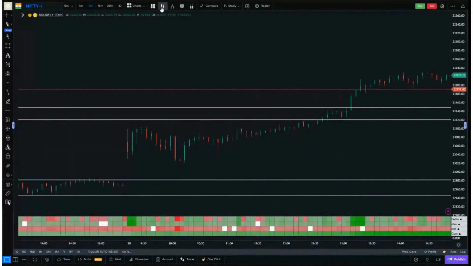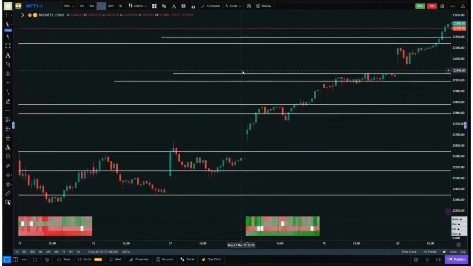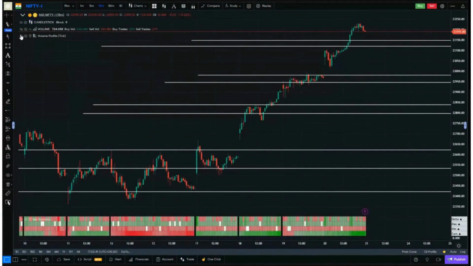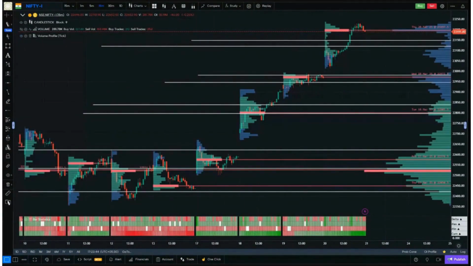But before that, let's look at the volume profile to see what levels we have from yesterday's sessions. S1 was the zone that was the resistance zone yesterday, and we simply marked it. On the upside, if it breaks above, this was the volume profile level from the past few sessions. Below this, it was the volume profile from the previous session.